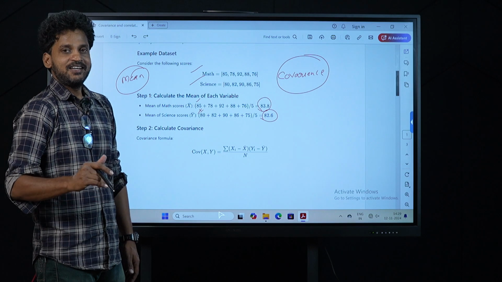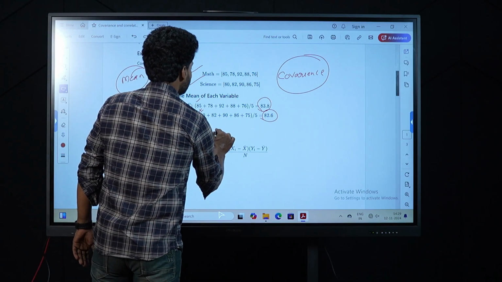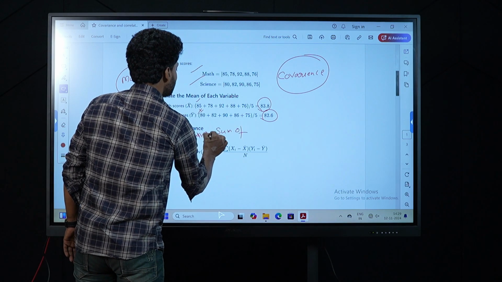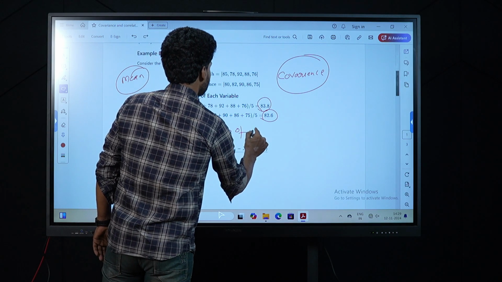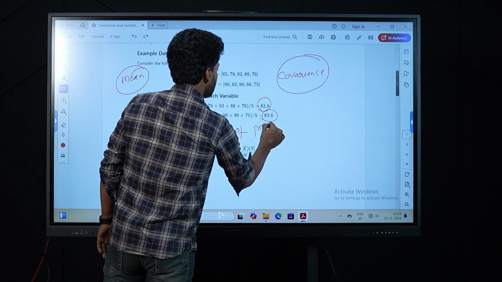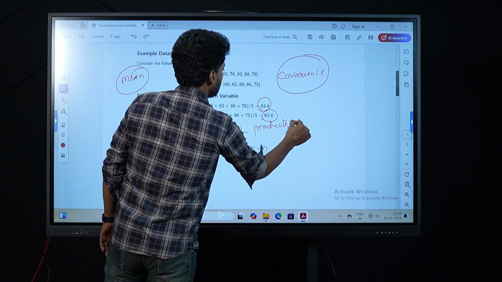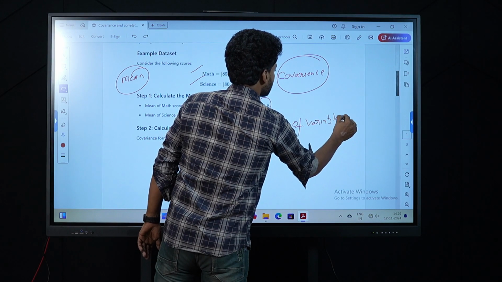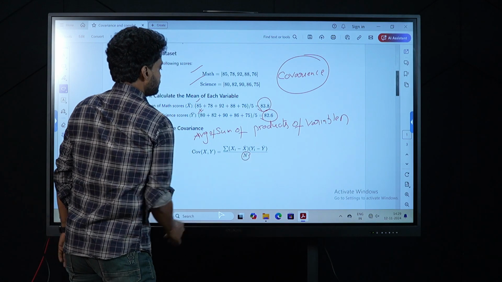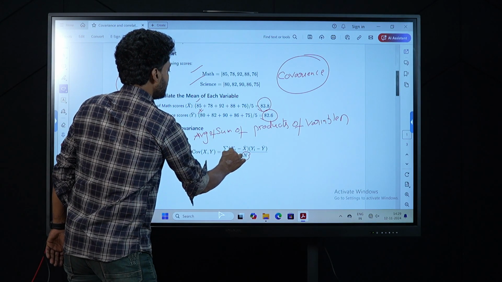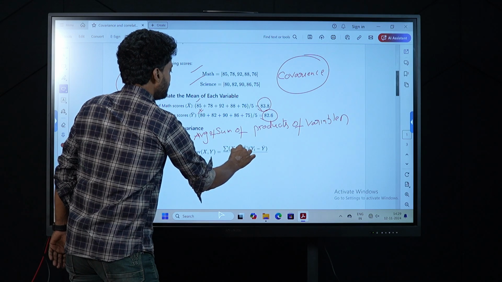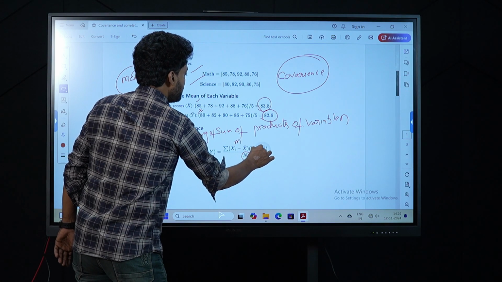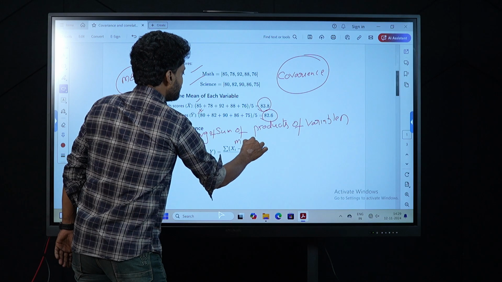In the simplest terms, it is the average of the sum of products of the deviations of the variables. Here n is the count. Sum means these are the deviations: xi minus mean gives you one deviation with respect to maths, and yi minus mean gives you the deviation of the other variable with respect to science.